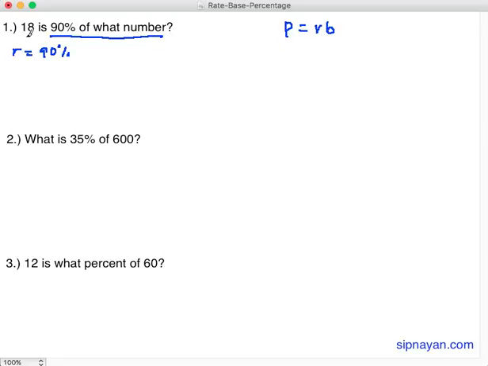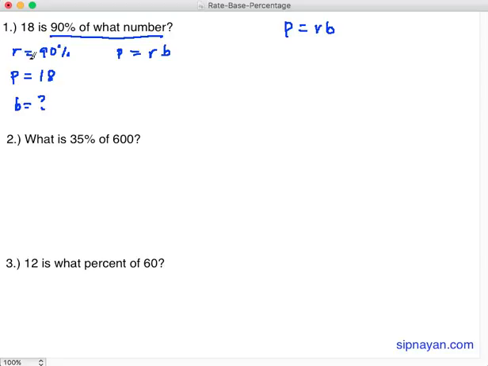Kasi ito na yung result: 90% of what number is 18. So ito yung percentage natin, which is 18. Tatlo lang naman yan, at yung unknown natin ay yung base. Pag may nakita kayong "of what number" na may kakabit na percent, multiply mo yan. So, we have percentage equals rate times base.